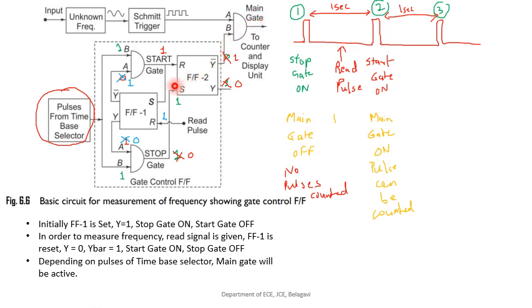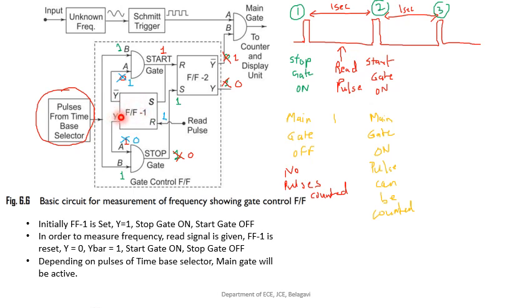Now one thing you can see here is that the output of this start gate is given to the reset of this, as well as to the set of flip-flop 1. Because of this set signal, flip-flop 1 will again go back to set position.